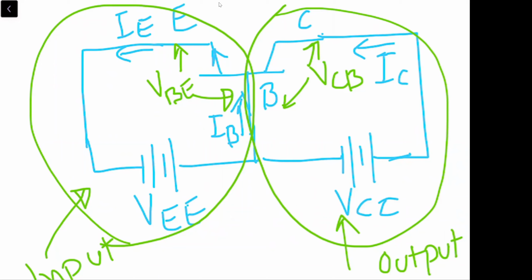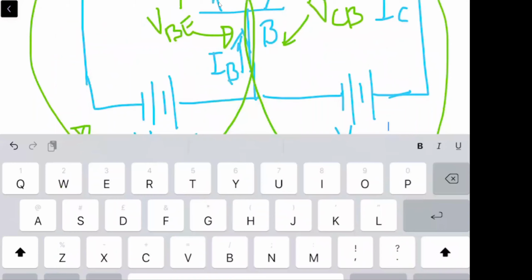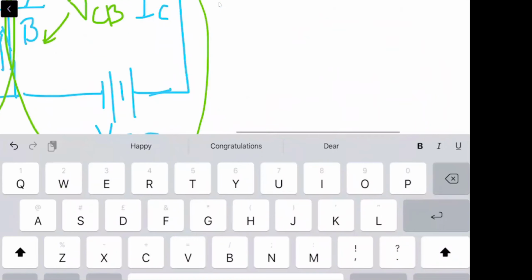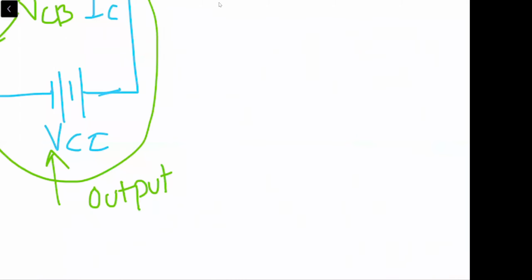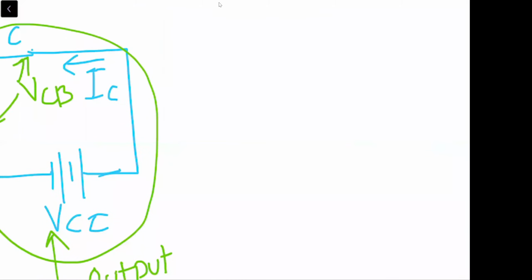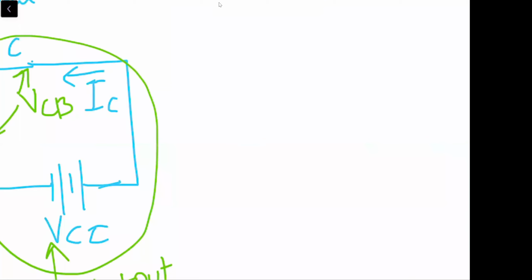So if we want to plot the input characteristic curve for this circuit, we can draw something like this.